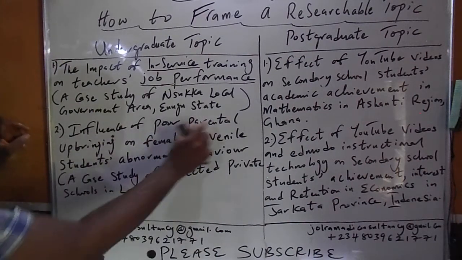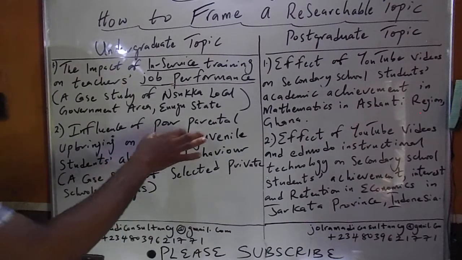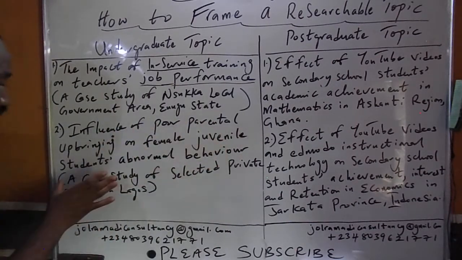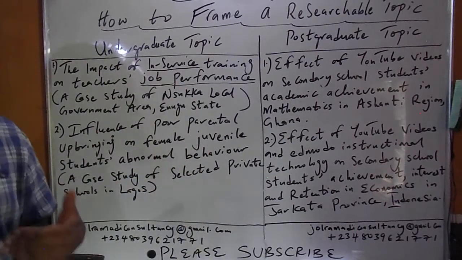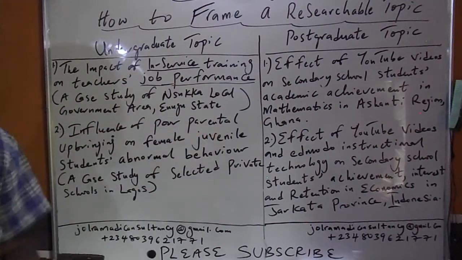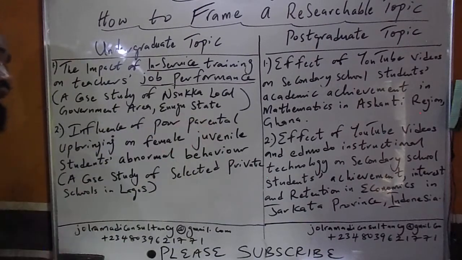Now, influence of poor parental upbringing on juvenile student abnormal behavior. The abnormal behavior is the what? It is the dependent variable, which is depending on poor parental upbringing. When a child has a poor parental upbringing, what will be the effect?